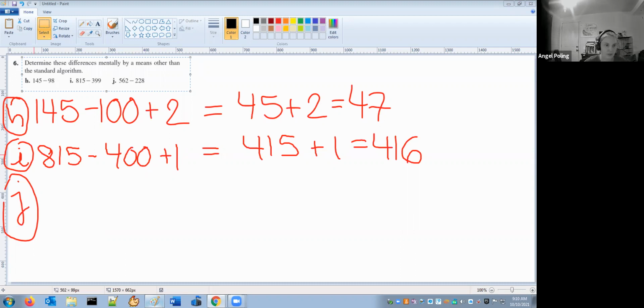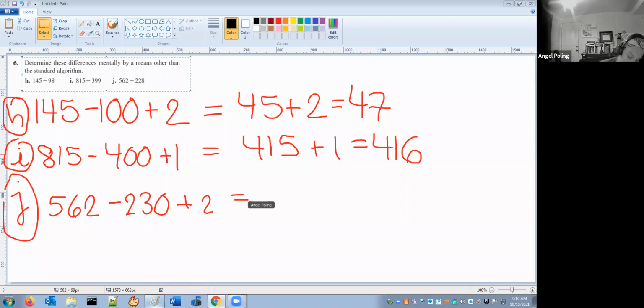Okay, so in J, what can we do, right? Well, the easiest thing I think would be 562, take away 230, right? It's not 100, but it's like the nearest 10. And we only added 2 to make that happen, right?